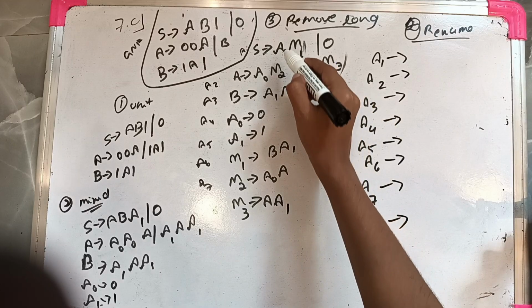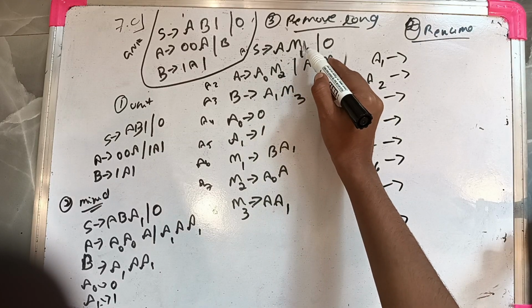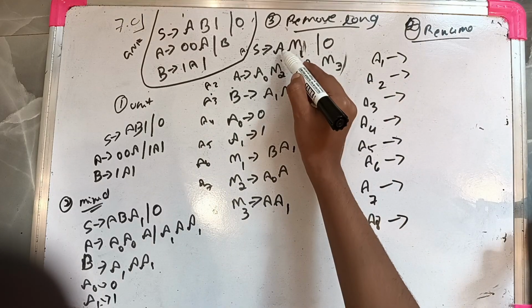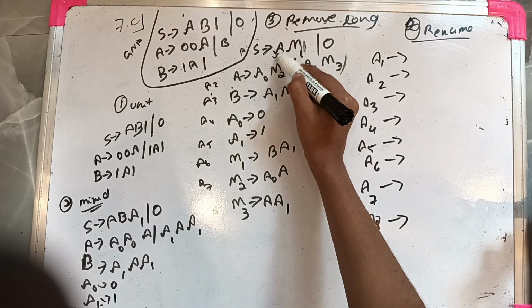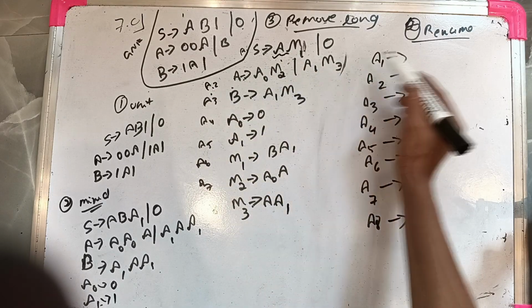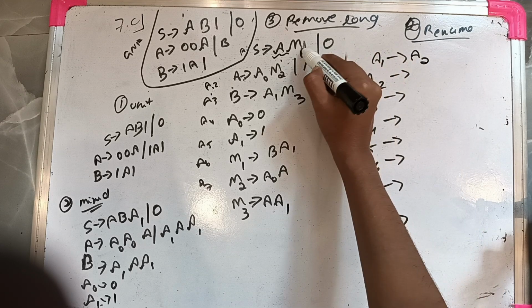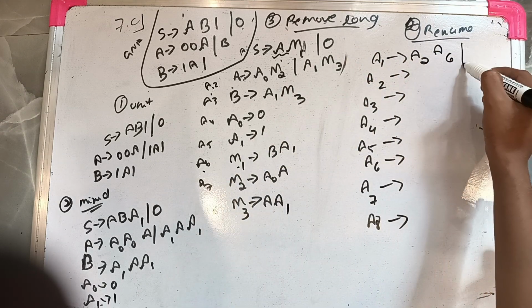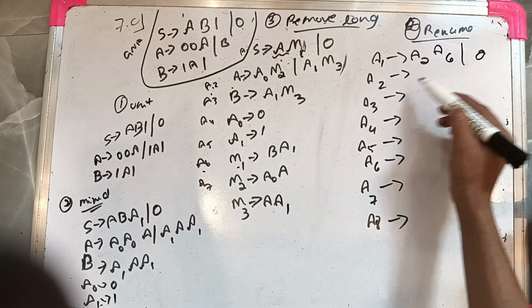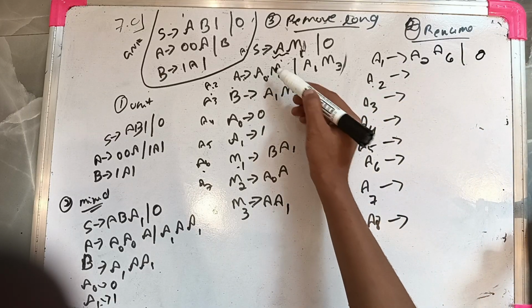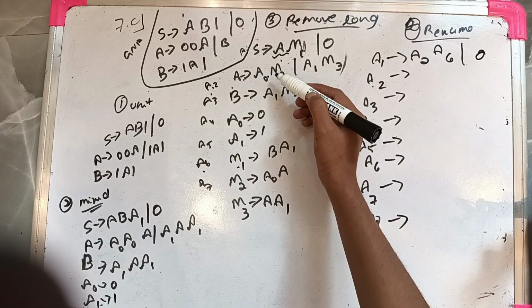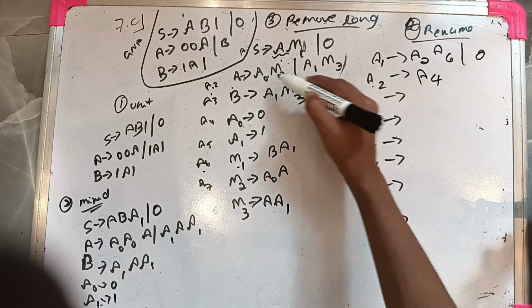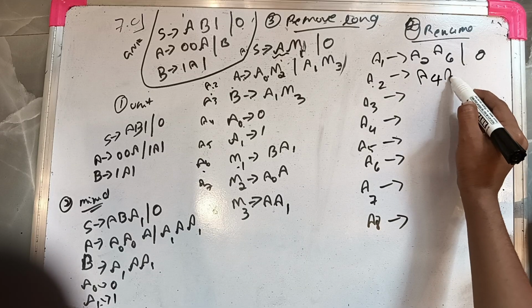Okay. Next AM1, correct? A means what? A2. S gives AM1 where A means A2. Next, what is M1? A6. Next A0 means here A4. Next M2 means A7.